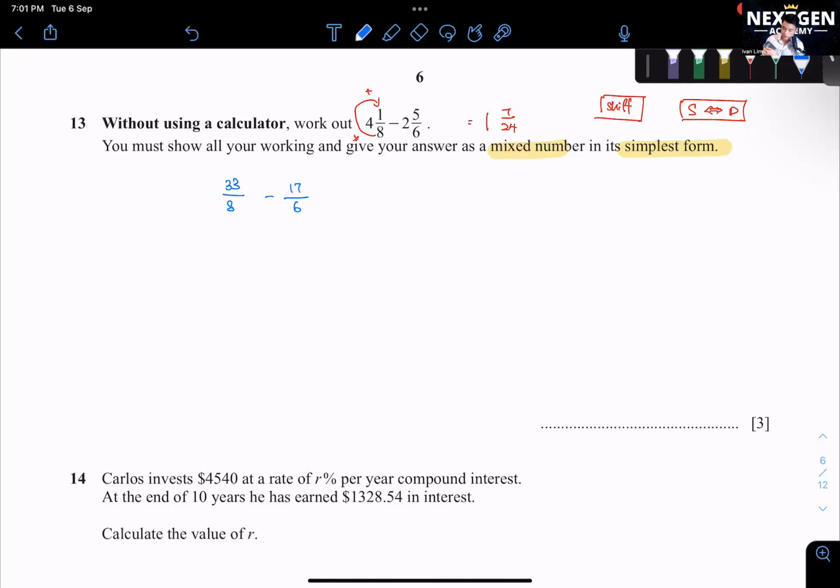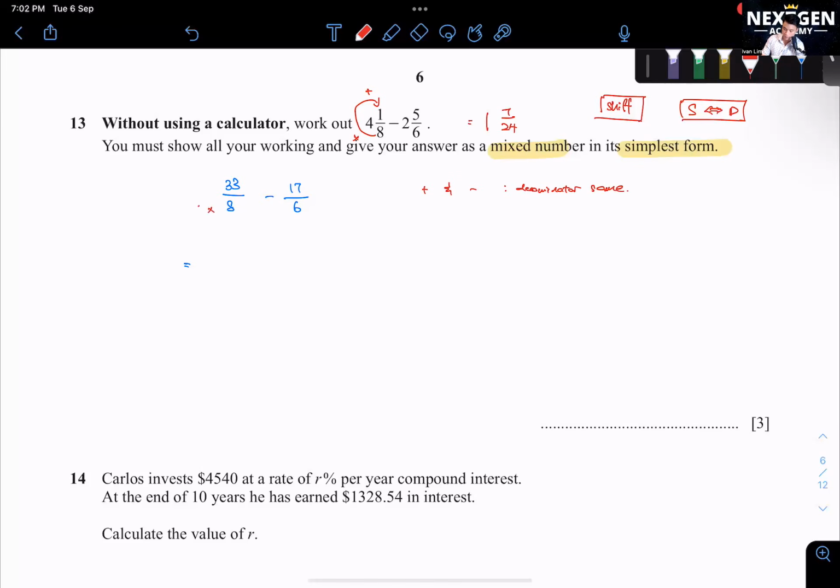You just need to know how to use it. But for this part, you have to understand how to show it to get the marks. The main thing is that we need to change our denominator to the same, so that we can minus it. So for plus and minus, the denominator must be the same.